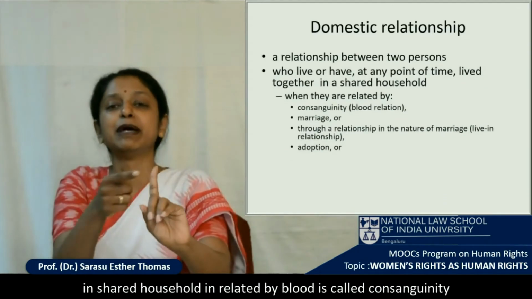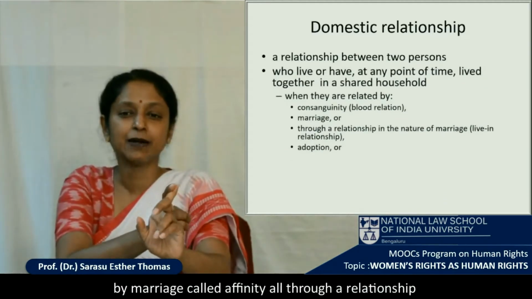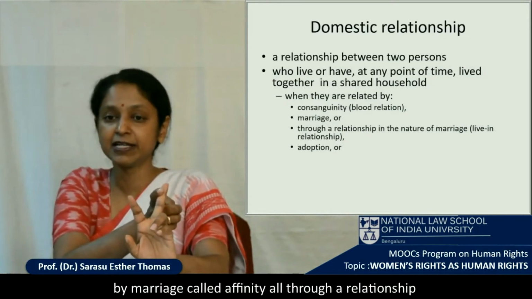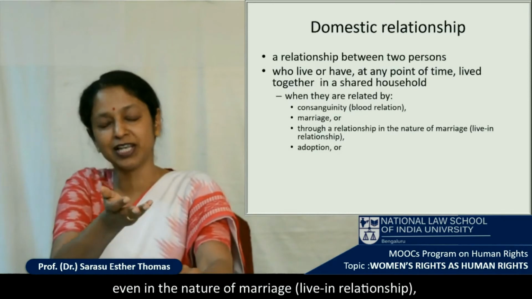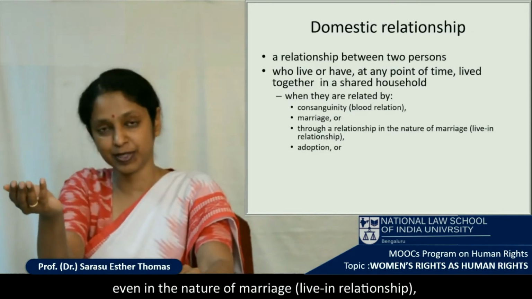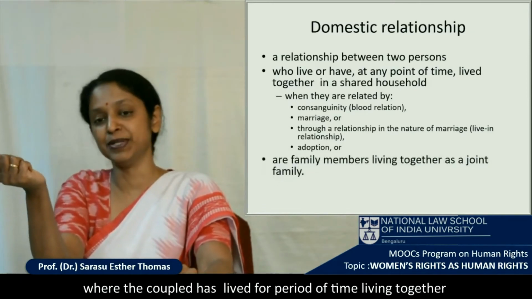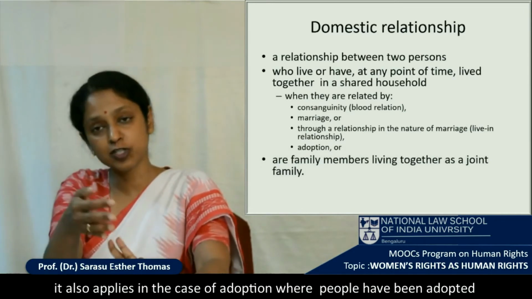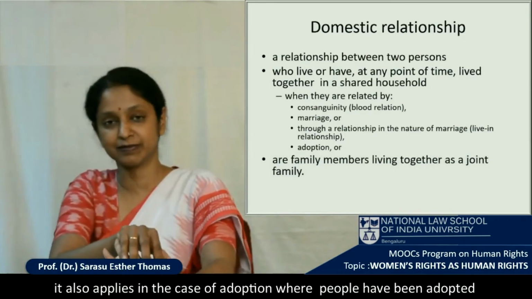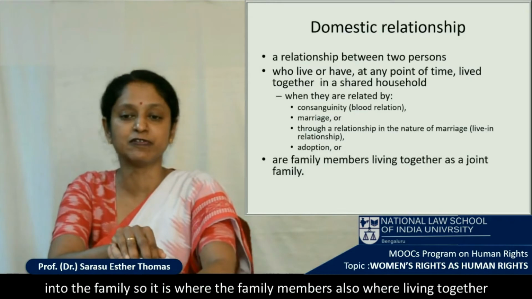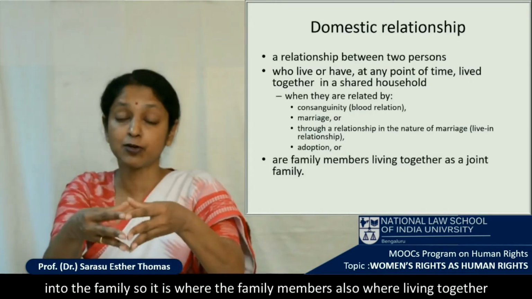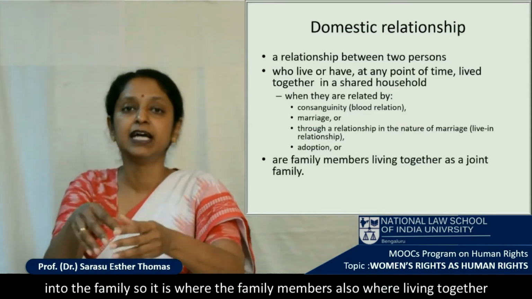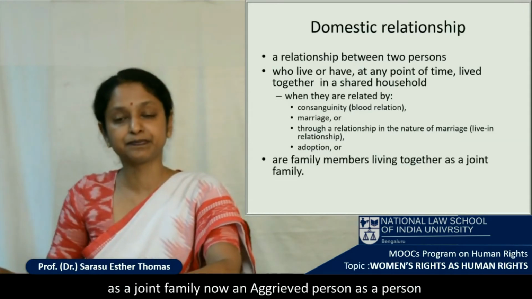They may be related by blood, which is called consanguinity, by marriage, called affinity, or through a relationship in the nature of a marriage, like a live-in relationship, where the couple has lived for some period of time together. It also applies in the case of adoption, where people have been adopted into the family. So it is where they are family members also, where they are living together as a joint family.